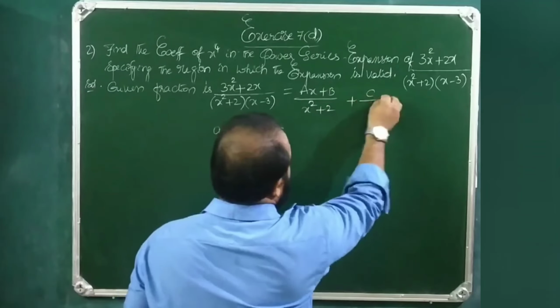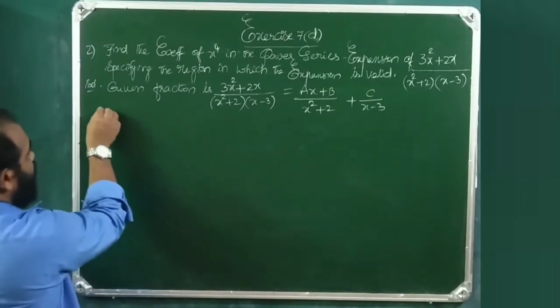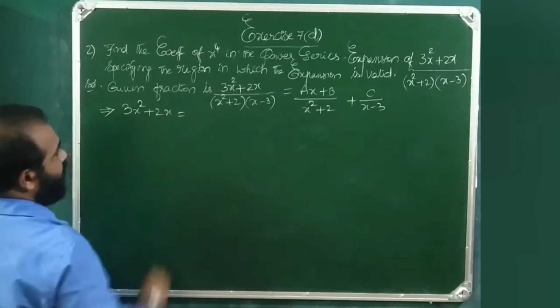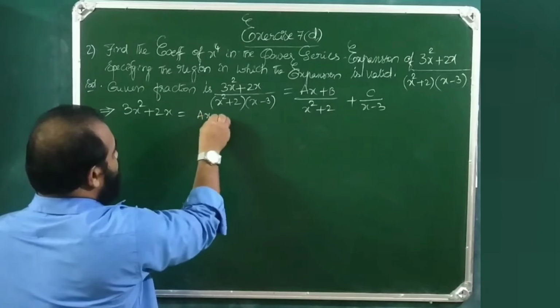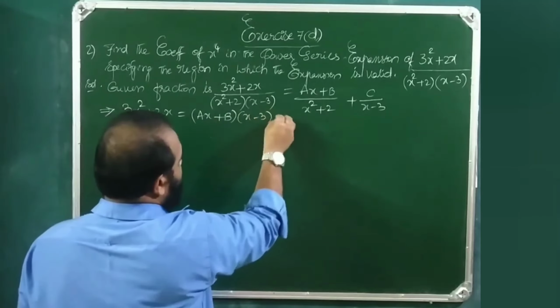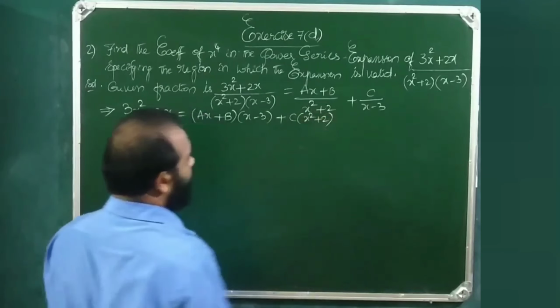This is c by x minus 3. This is equal to 3x square plus 2x is equal to ax plus b into x minus 3 plus c into x square plus 2.